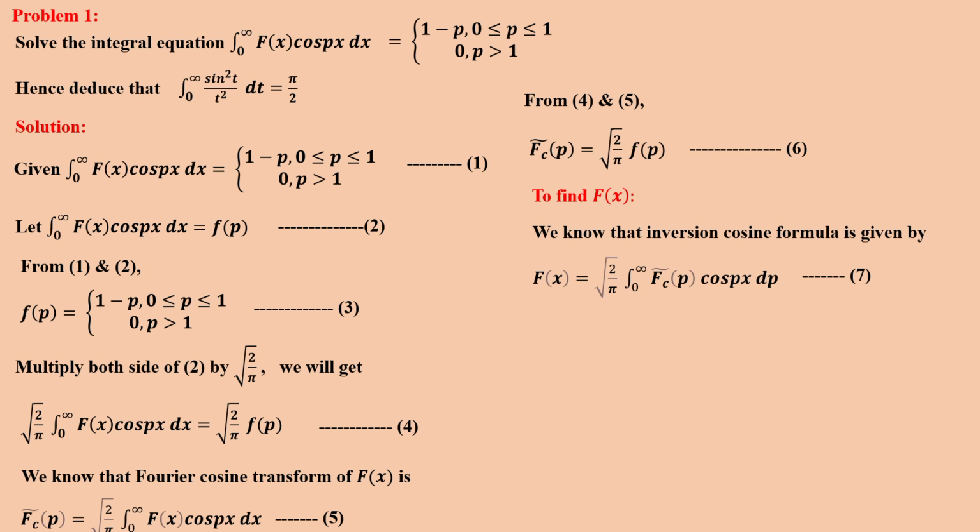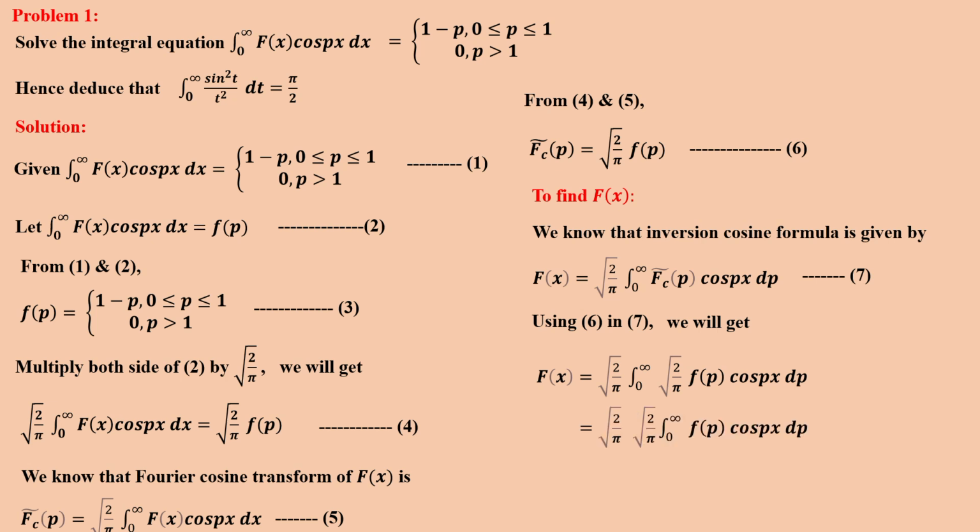So now we are going to use 6 in 7. F of x is equal to root of 2 divided by pi integral 0 to infinity, from 6, F bar c of p, which is equal to root 2 divided by pi small f of p, so root 2 divided by pi small f of p cos px dp.